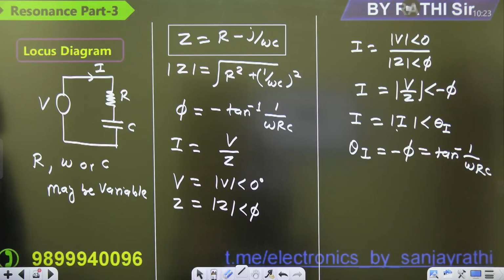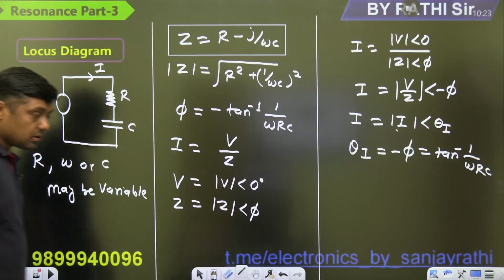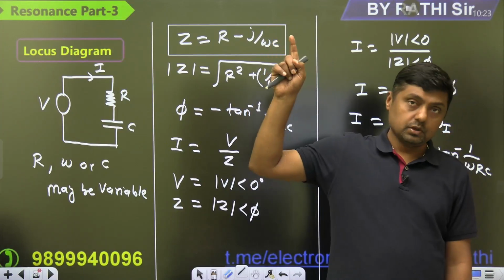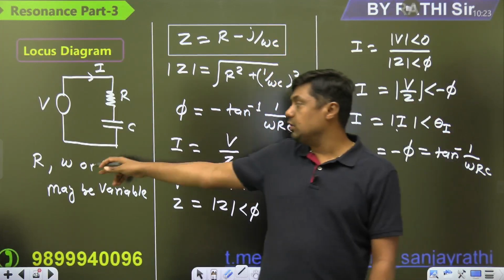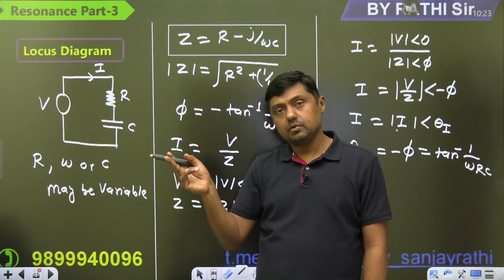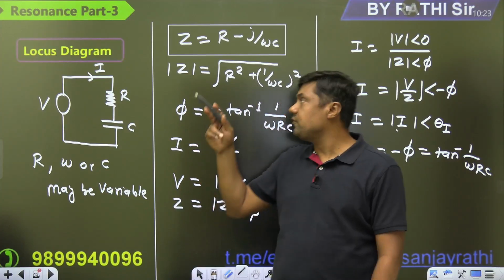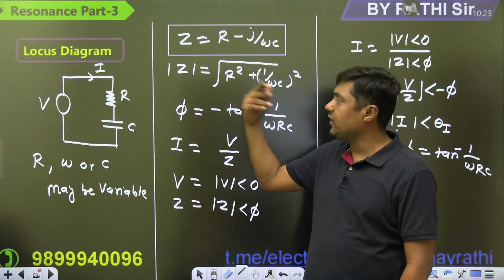Okay, so first of all we will take R as a variable, then second we will take omega or C, one of these, and you will get the idea. Variable means we are going to vary R from 0 up to infinity. If we vary omega, then omega will vary from 0 to infinity. Or C will vary from 0 to infinity. Then what is the effect on impedance and what is the effect on current?